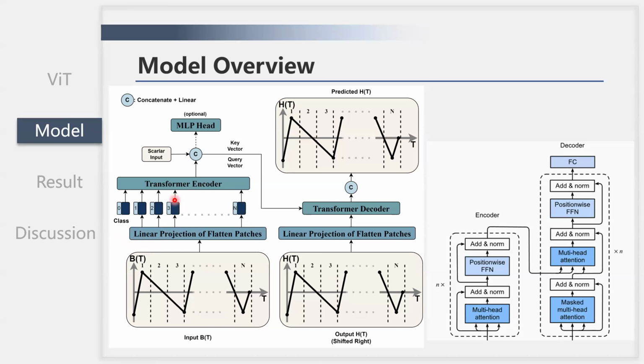And the next steps are just the same as for the transformers. So the improvements are just these two modules. And scalar inputs are added here after the token passed the transformer encoder modules.